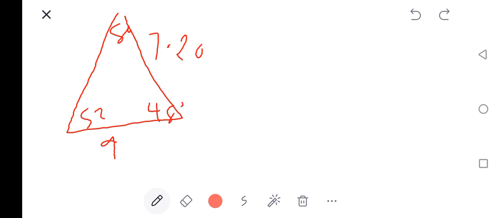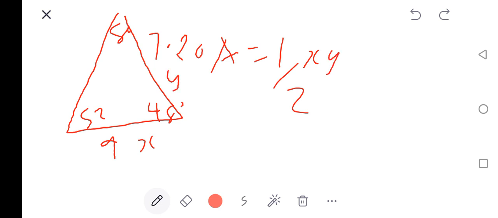So area will be half. Our key letters is X and this guy is Y. Sine. The angle is 48 degrees.